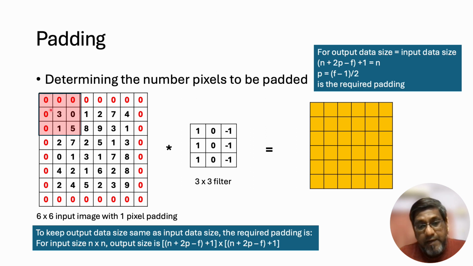Like in this case, we have an input image with specific pixel values and a filter with specific values for each of its parameters, and we'll perform convolution between this input image and the filter and compute each and every pixel value of the output, and we'll see how the computation is done for the convolution. And of course we will do that for different values of the parameters for padding, as well as the stride, as well as the dimensions of the filter and the number of filters and so on.